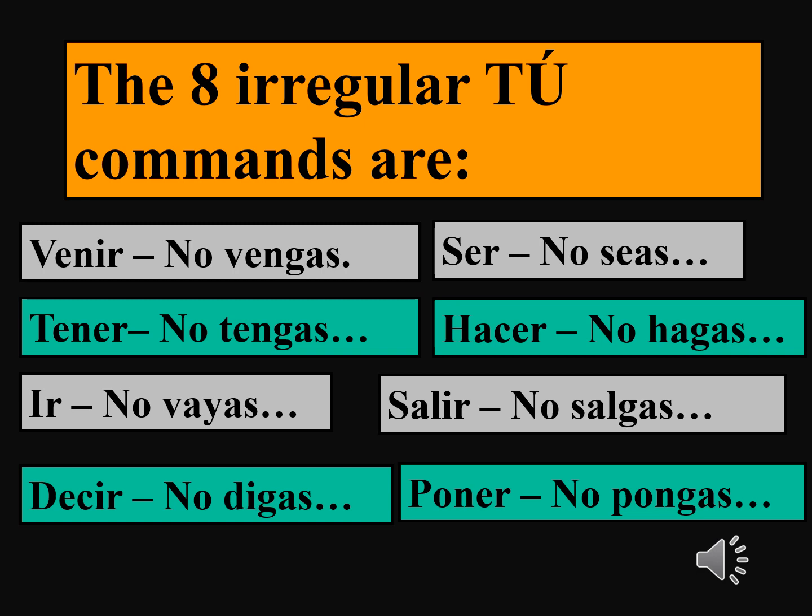Venir, no vengas. The yo form of venir is vengo, and we take away the O and we add an AS. Note that all 8 of these end in AS. Tener: the yo form, we remember, is tengo, and it's no tengas, don't have. Ir, no vayas, don't go.